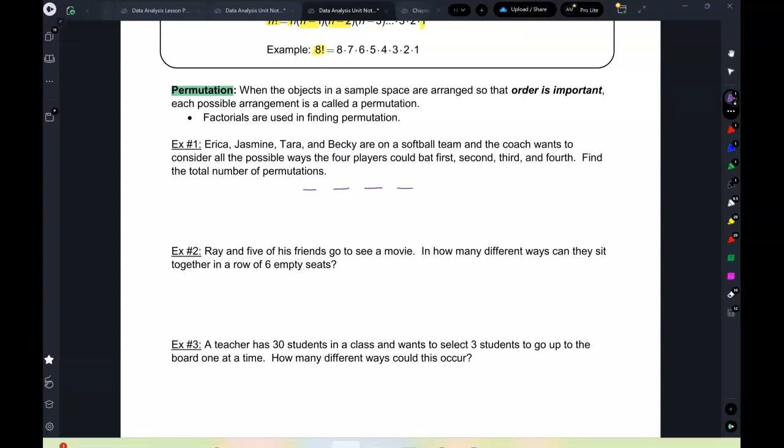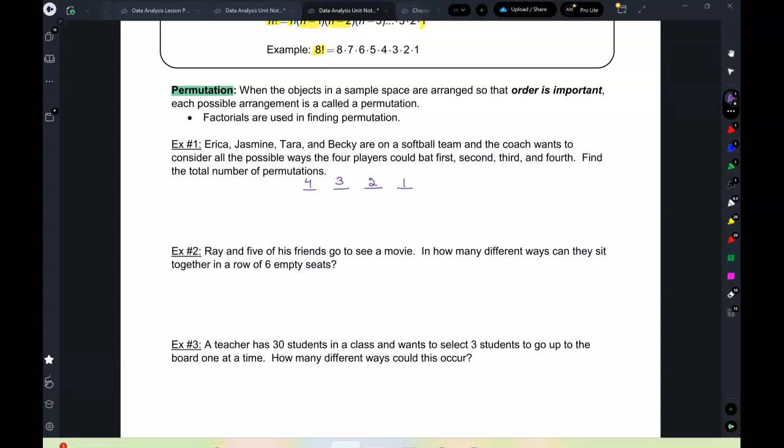If you just want to arrange them randomly, you're just going to pick, okay, this person bats first and so on. So there are 4 possibilities for who gets to bat first. Then once that person is selected, there are 3 possibilities for who bats second, 2 possibilities for who bats next, and 1 possibility for who bats last.